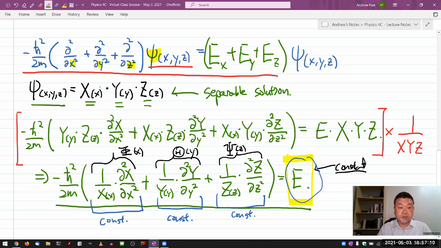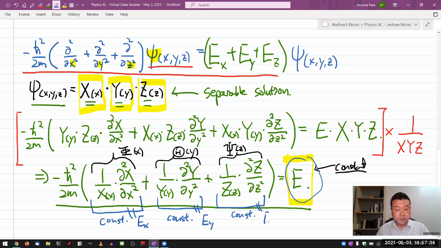And the nice thing about the separable solutions is that each of these components is a solution to the one-dimensional version of the Schrodinger equation, where we say this term is equal to E of x, this term is equal to E of y, this term is equal to E of g. So this procedure allows us to separate out of the three-dimensional Schrodinger equation each one-dimensional piece at a time.